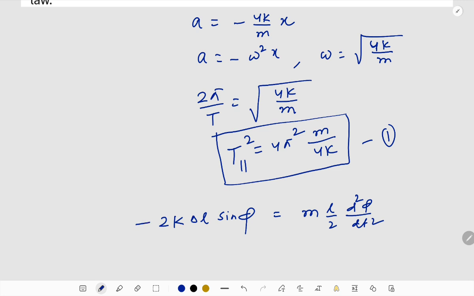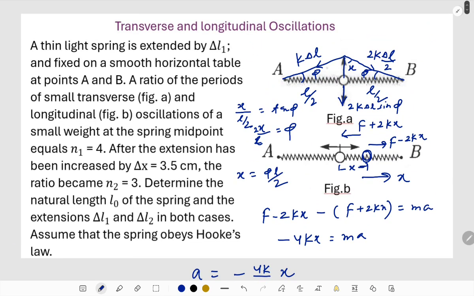There is an obvious reason, because this force is a restoring force, and it will always act towards the equilibrium position, and phi increases in this direction, so a minus sign needs to be put here.